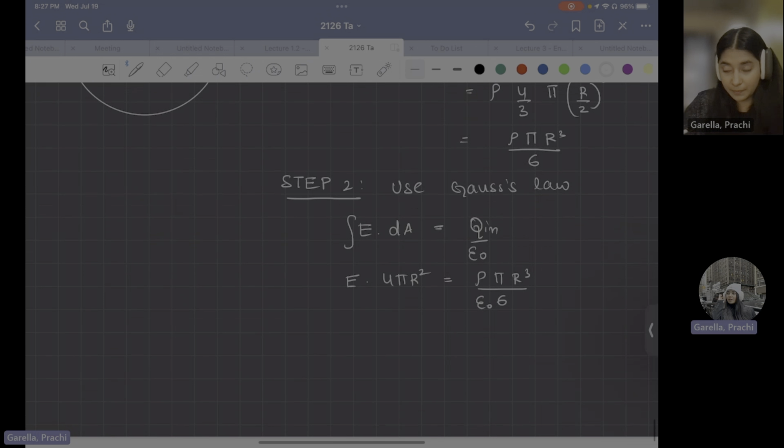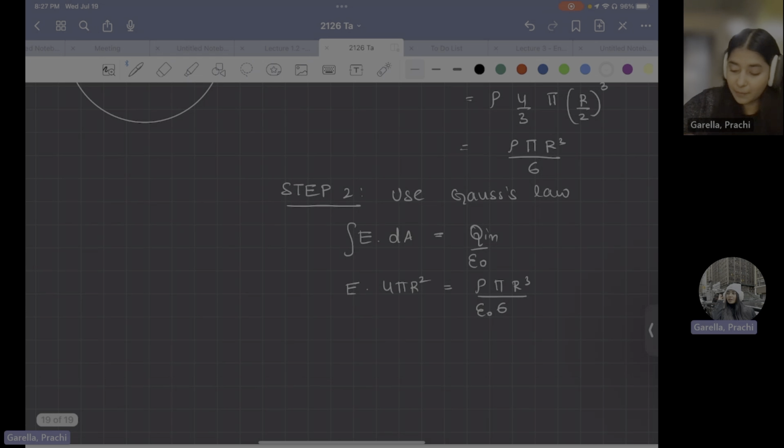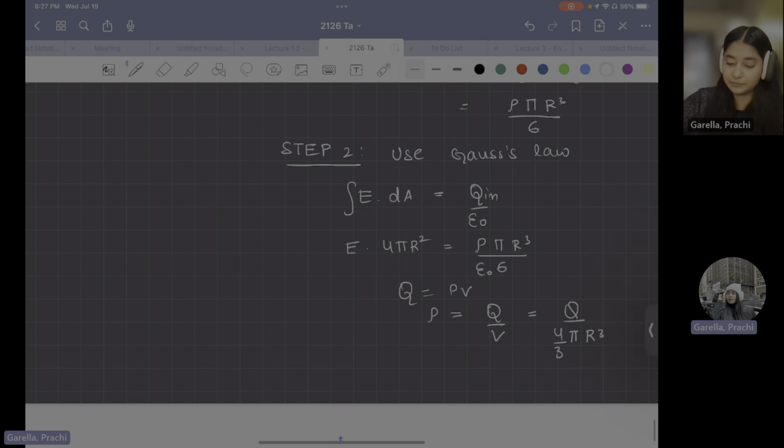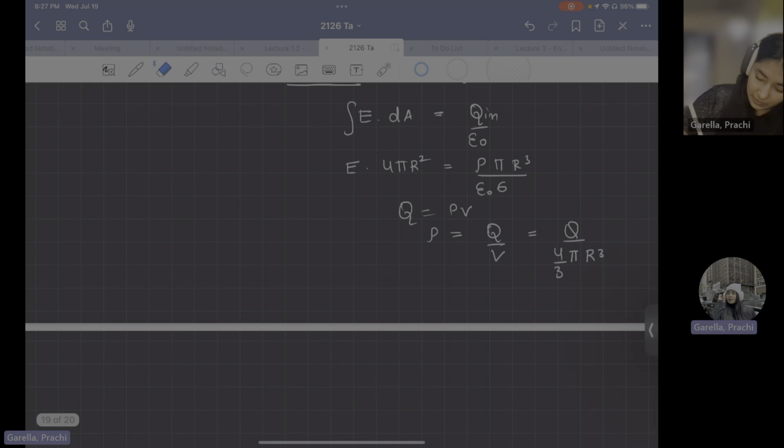Because the charge is uniform, the density remains uniform, so we know that Q is equal to rho V, so rho is equal to Q over V, which is Q over 4/3 pi r cubed. Why r cubed? Because now we're talking about the whole sphere.